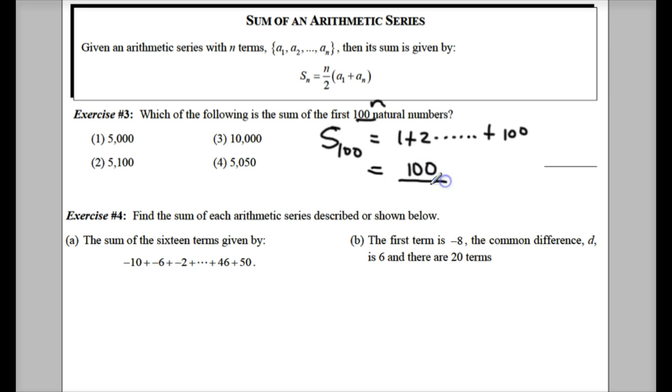Half of n, so 100 divided by 2, times 1 plus 100, this works out to be 5050, which is choice 4. So by definition, what we just found is the sum, instead of saying 1 plus 2 plus 3 plus, all the way to 100.